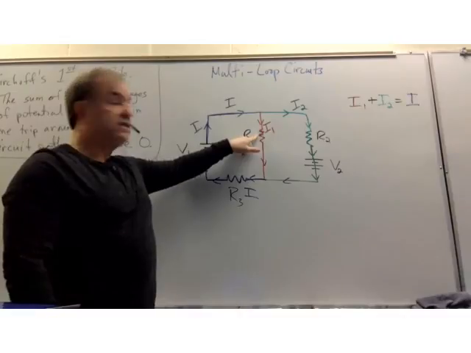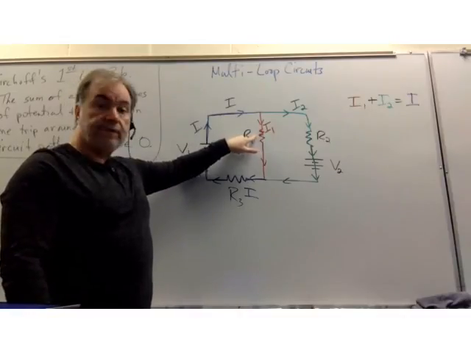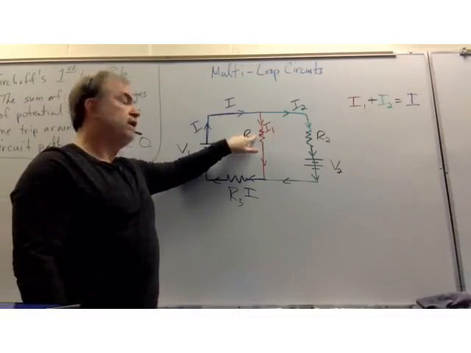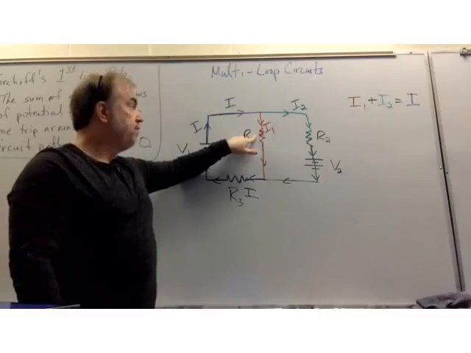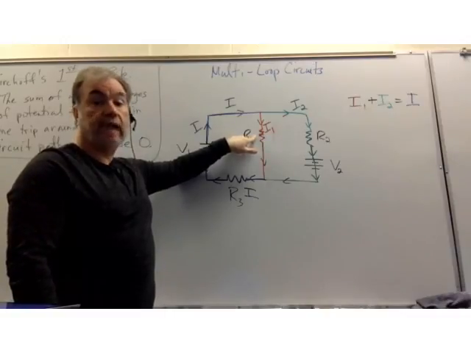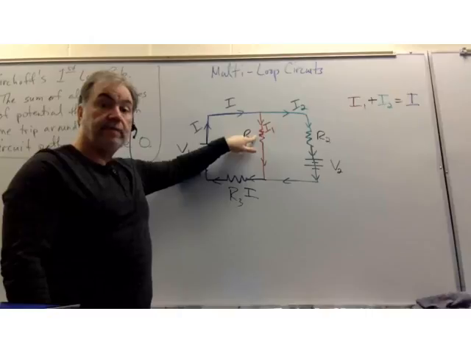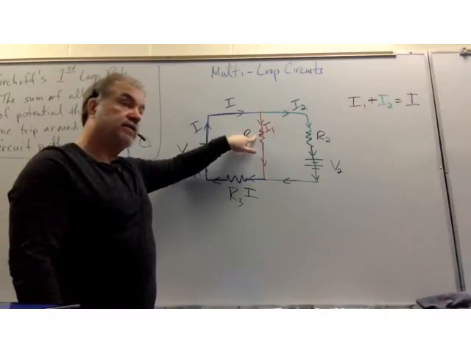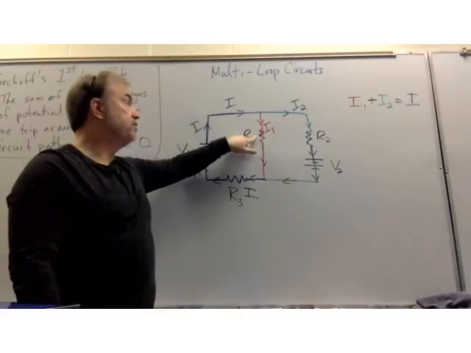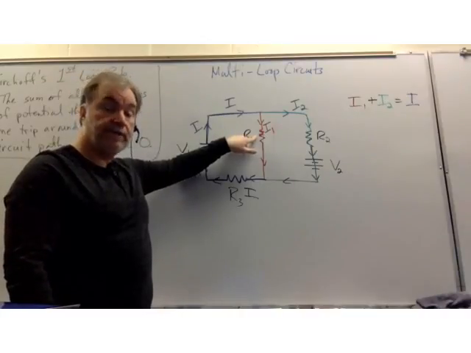Charge does not disappear. Charge doesn't get used up as it goes through a resistor. The light bulb lights or the toaster runs or the laptop charges because the potential energy that the current is carrying gets lost. So the charges lose potential energy.